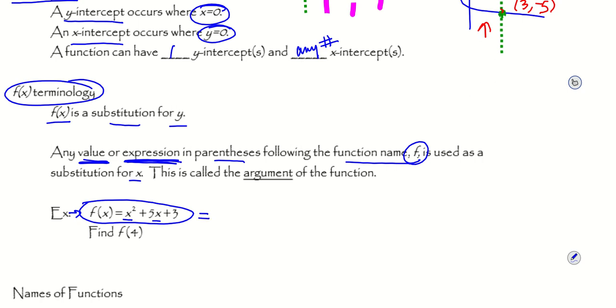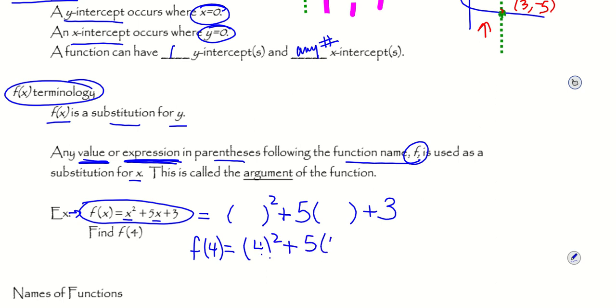So I could even rewrite this as a place for my input gets squared, plus I'm going to multiply 5 by the value of my input, and then I'm going to add 3. So if we need to find f of 4, we simply put in 4 where x was holding the place. So I would have 4 squared plus 5 times 4 plus 3.